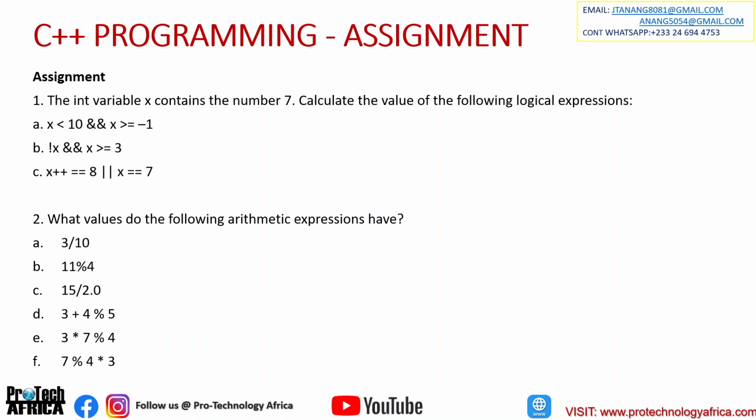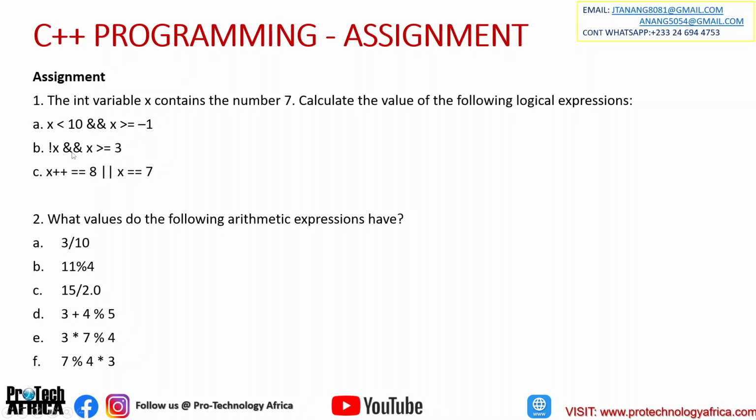Over here, we say that the integer variable x contains the number 7. Calculate the value of the following logical expressions. We have x less than 10 and x greater than -1. Find out if both statements are true, and here we are using the logical AND.